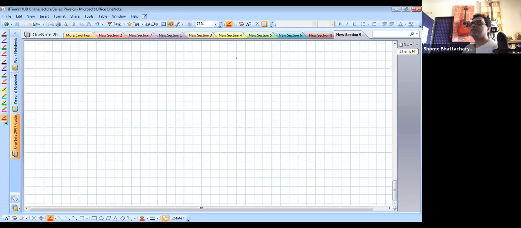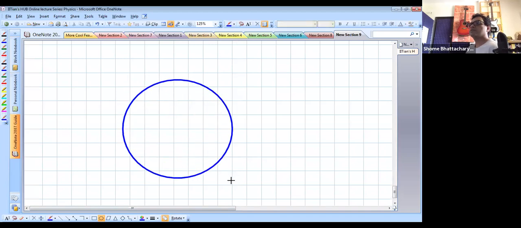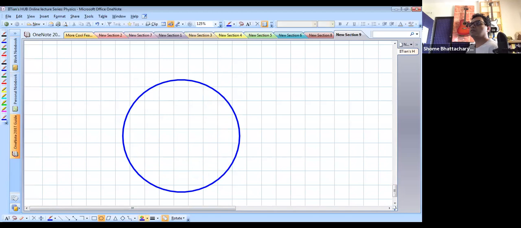Okay, now this kind of situation can happen for a spherical surface also. For example, we have a glass sphere.